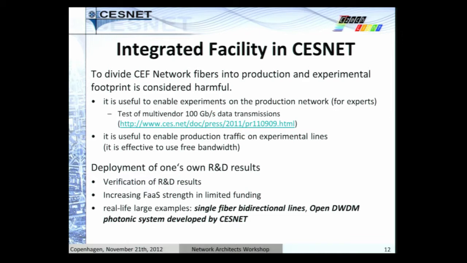It is useful to enable experiments on the production network, and on the other hand, it is useful to enable production traffic on experimental lines. Also, we deploy our research and development results in our network. Thanks to this, we can verify our results and increase the strength of our facility with limited funding.